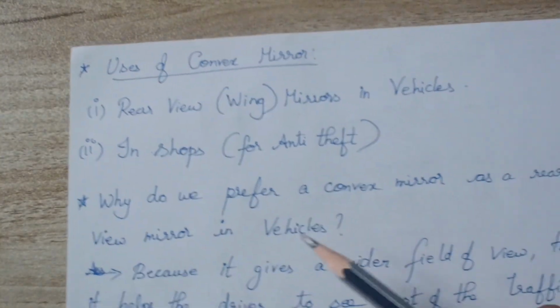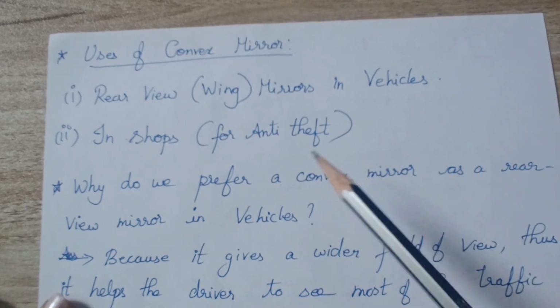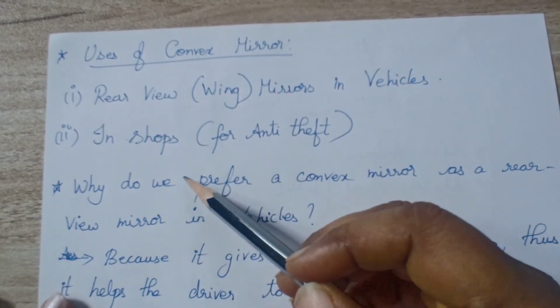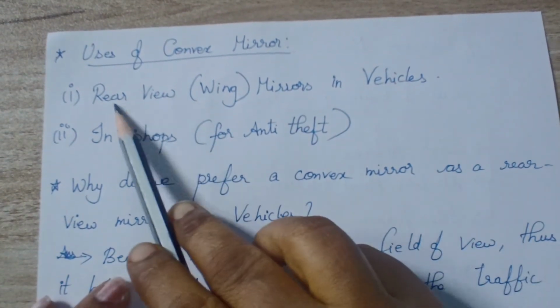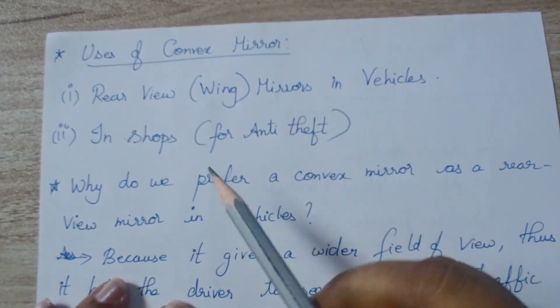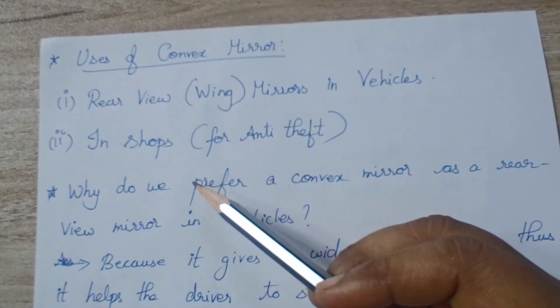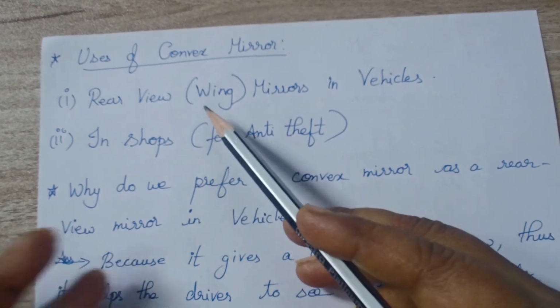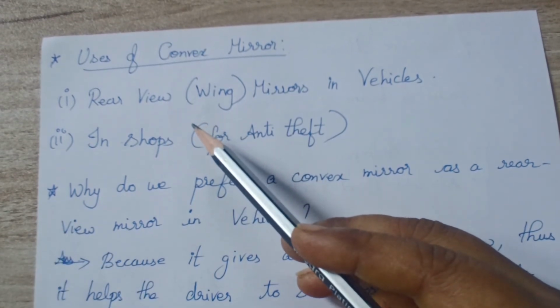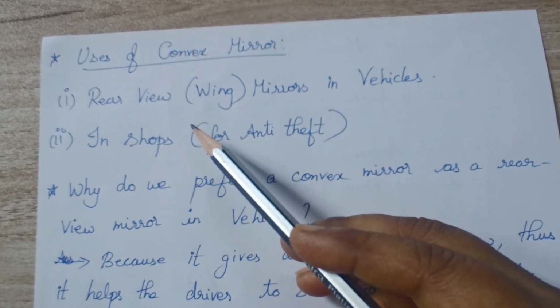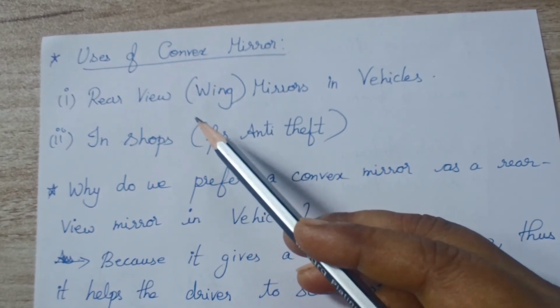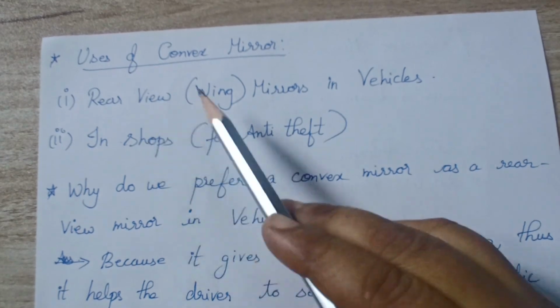Next we'll move to the uses of convex mirror. Convex mirror is used in the rear view mirrors in vehicles. In vehicles, you have two wing-like mirrors, right? To see the traffic behind your vehicle, we use this rear mirror.